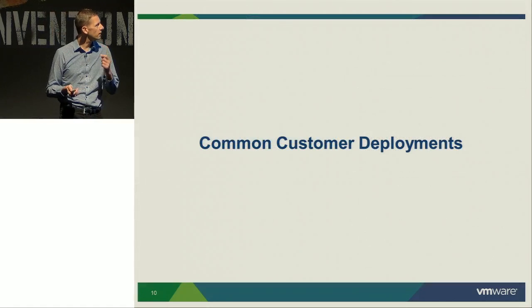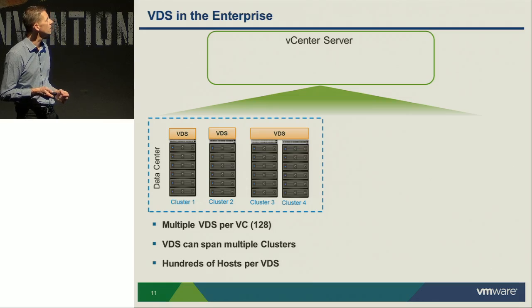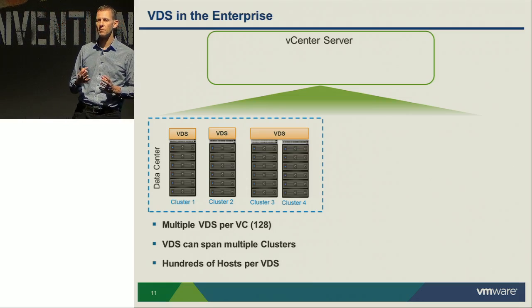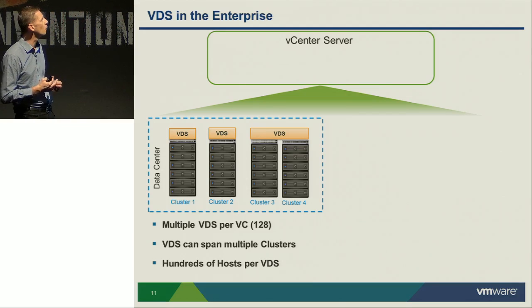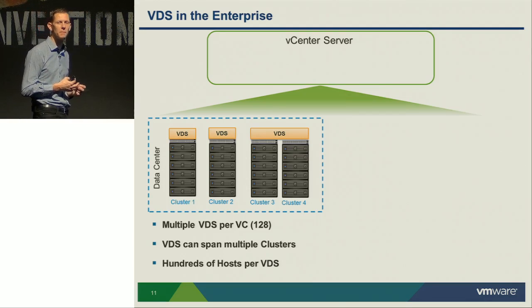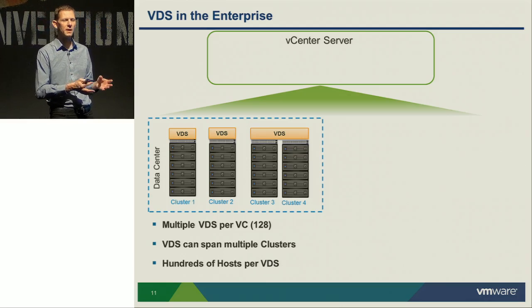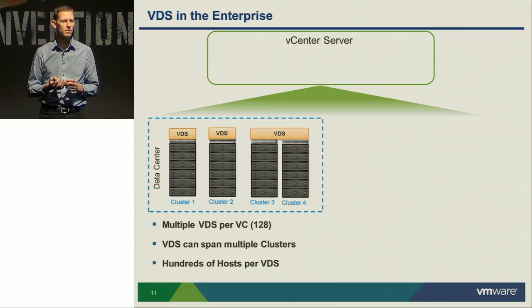Okay, so finally, before I hand over to Venki, we'll just talk about customer deployments. We've seen quite a number of deployment options for VDS, but what we've seen in the past is maybe one VDS per cluster. If you had 3 or 4 clusters in your environment, customers would build a VDS for cluster 1, a VDS for cluster 2, and a VDS for cluster 3.